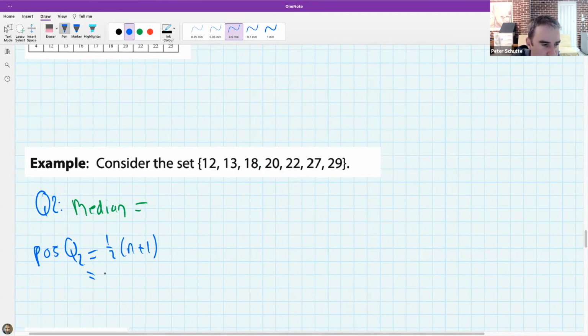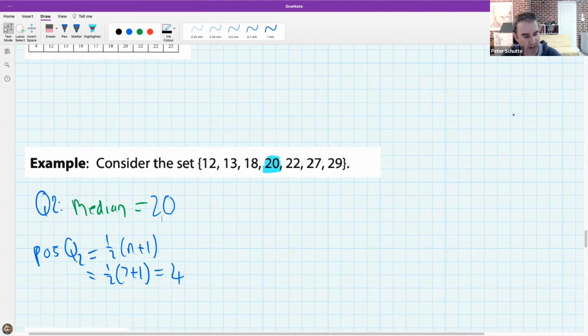There's 7, so a half. So that's going to be 4. So the median is in position 4. 1, 2, 3, 4. So the median is going to be 20. So it's in position 4 in this list, and the value of the median is the value 20.